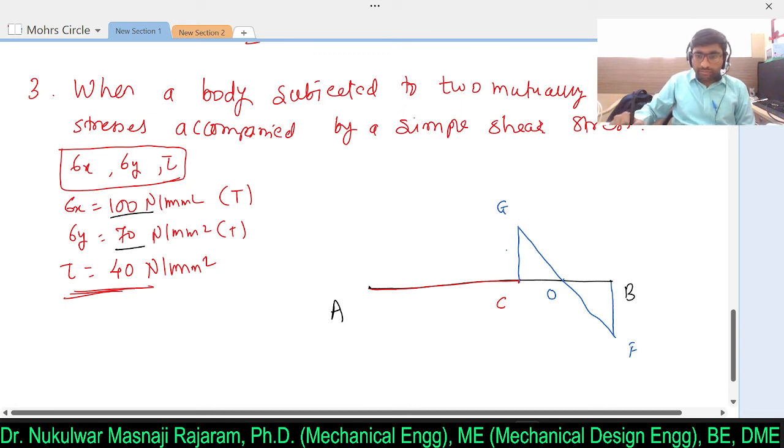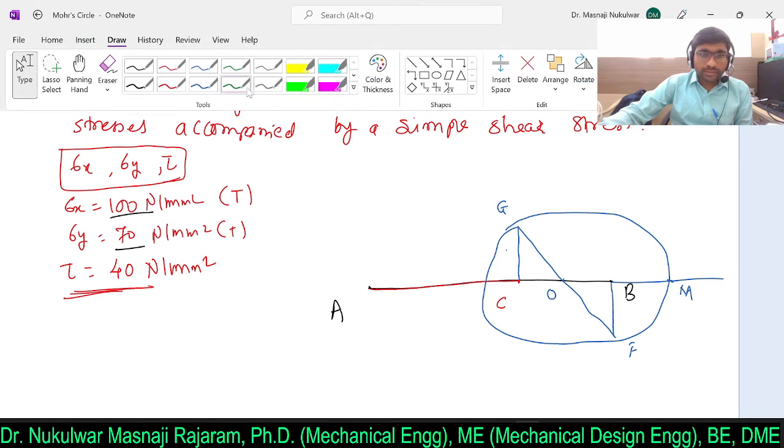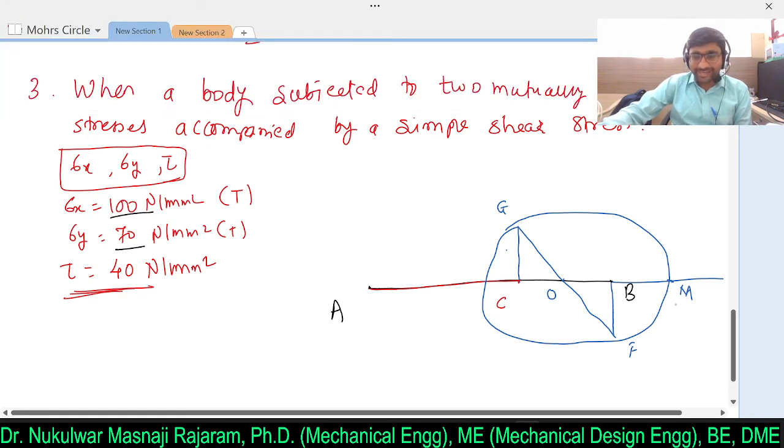Consider GF. Now we are not going to consider CB as a diameter. Consider GF as diameter, O as center. Draw one circle. So try to understand, it's a circle. Clear? So I will extend this line. Let's say this point is M point. So let's consider this is a circle. I know this is not a perfect circle, but try to understand.